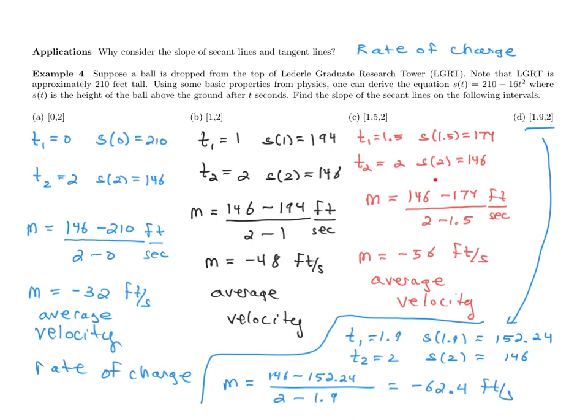Here we can't really use these formulas to find the exact number because you would be dividing by 0. But maybe one of these is a very good estimate for how fast the ball is traveling at exactly 2 seconds. In fact, that's this one here. The smaller your interval gets, or the closer these two numbers are together, the closer you'll have an estimate for what we're going to call the instantaneous velocity at a given point.